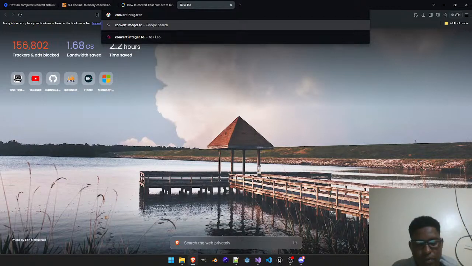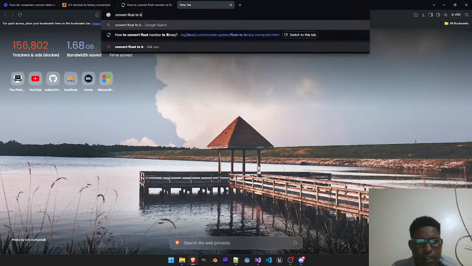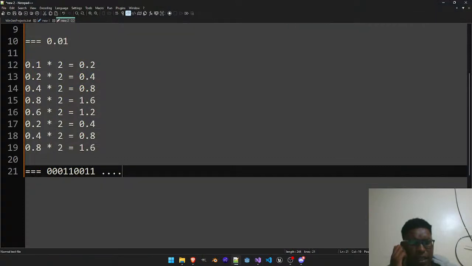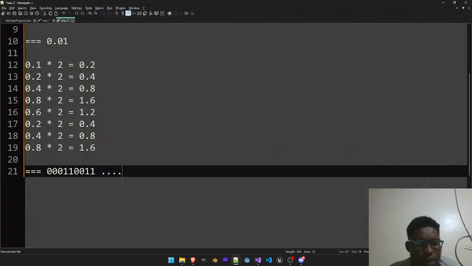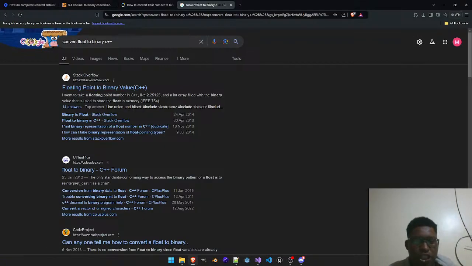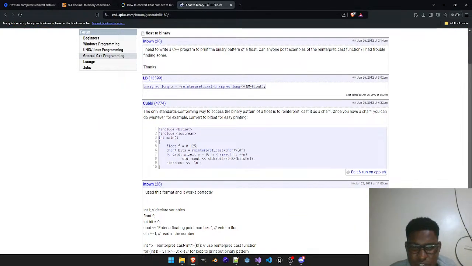I think so. I'm just curious to see whether whatever we've calculated here is what the machine will show us, if we put it in code.